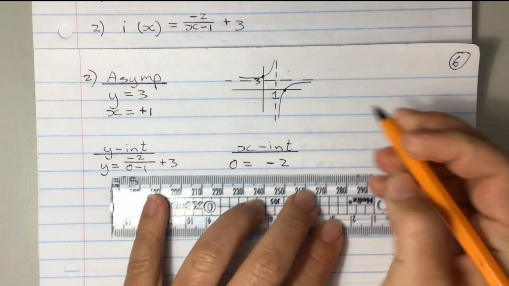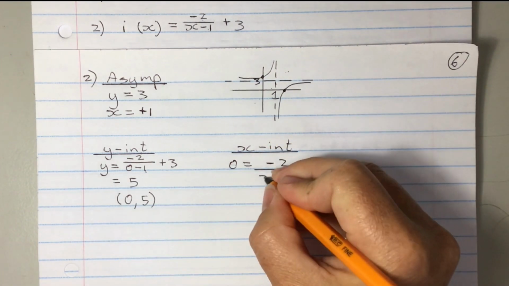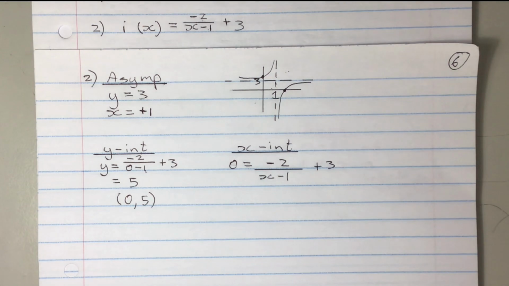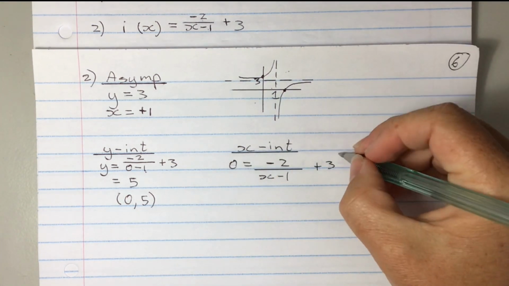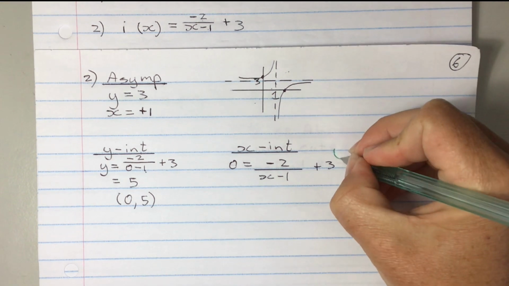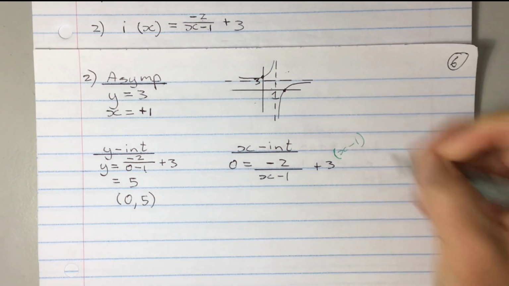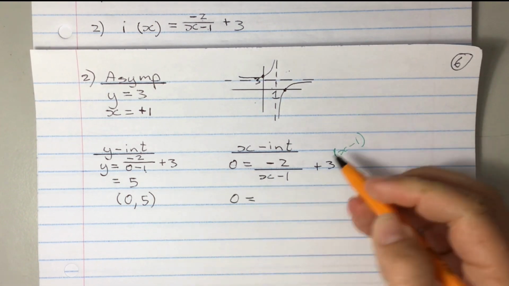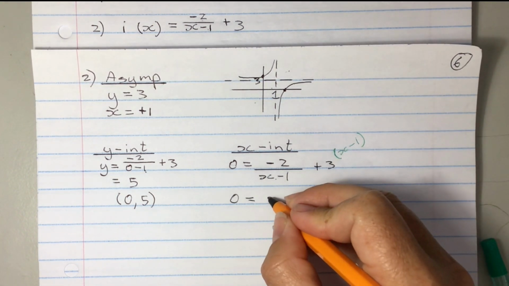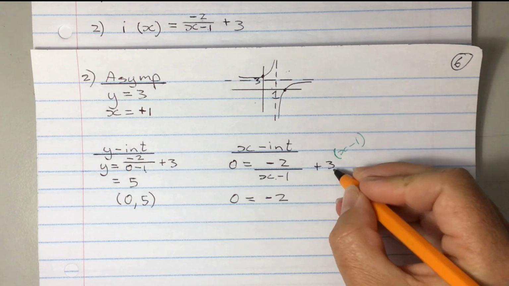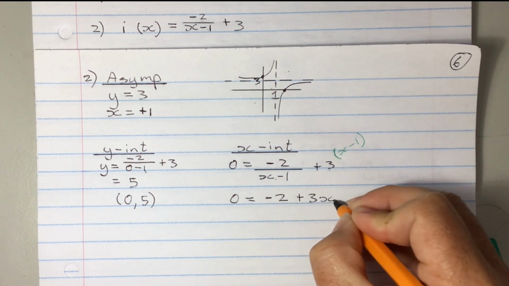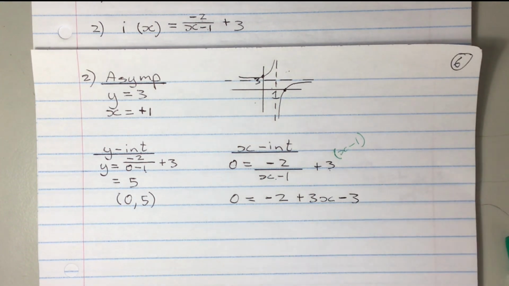So 0 equals -2 all over x minus 1, plus 3. What is our next step? Yes, we're going to multiply each term by x minus 1. And that leaves us with 0 is equal to, x minus 1 will cancel with itself, leaving us with -2, and I need to distribute 3. So 3x minus 3.